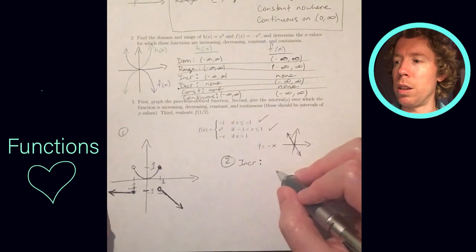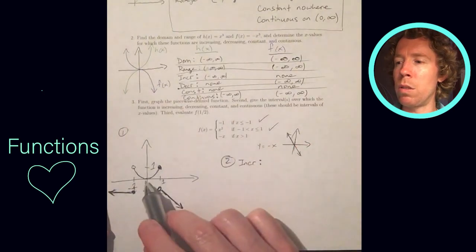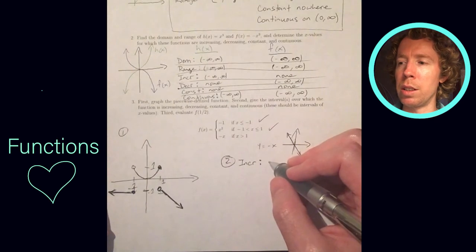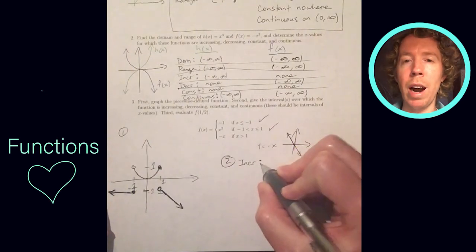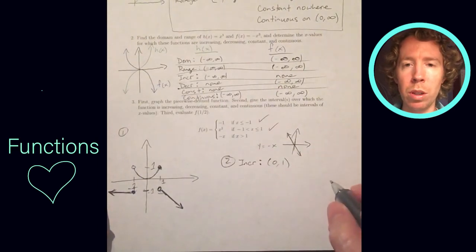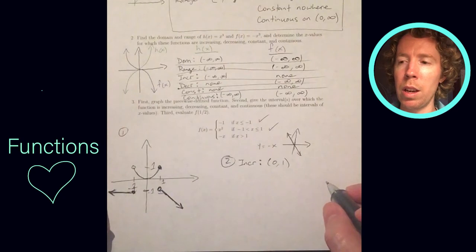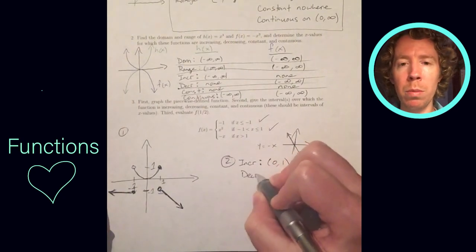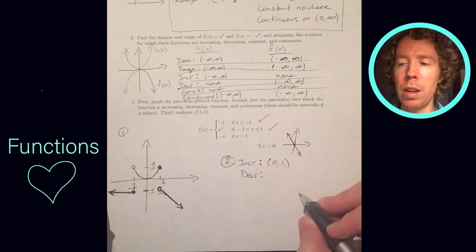Now, second, we're told to give the intervals over which the function is increasing, decreasing, constant, and continuous. If you look at this graph, it's only increasing from x equals 0 to x equals 1. Everywhere else, the y values are either constant as you move from left to right, or they're going down.